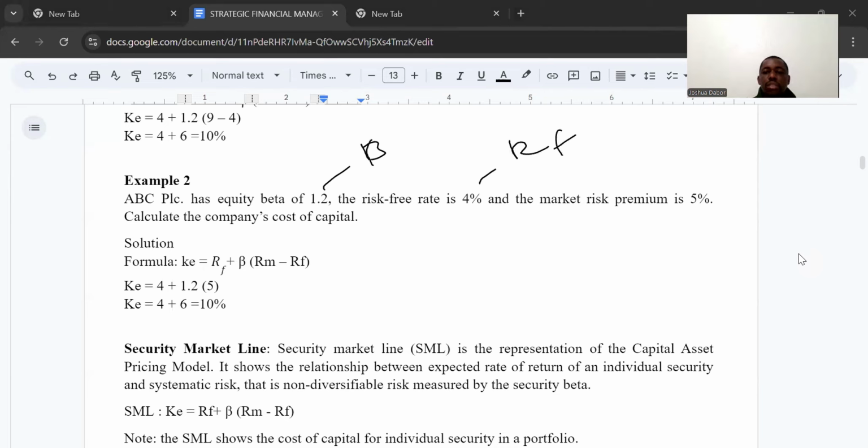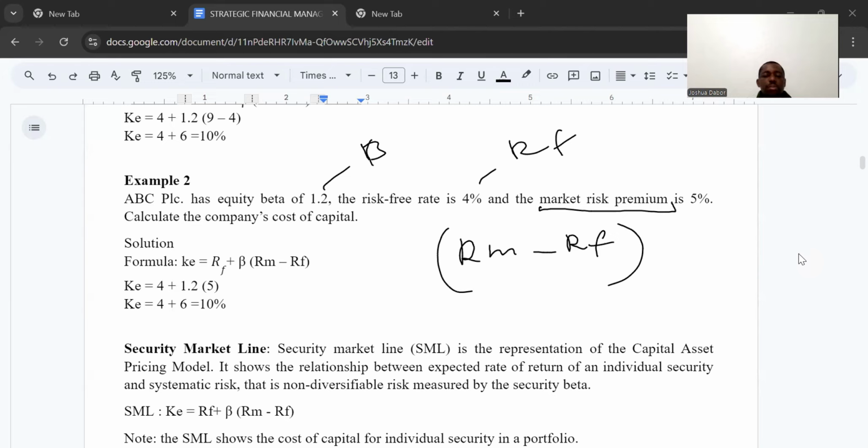In the last example, we were given RM, which is the market return. But in this example, we are not given RM, but rather we are given the market risk premium. And the market risk premium is RM minus RF. So this is the market risk premium.